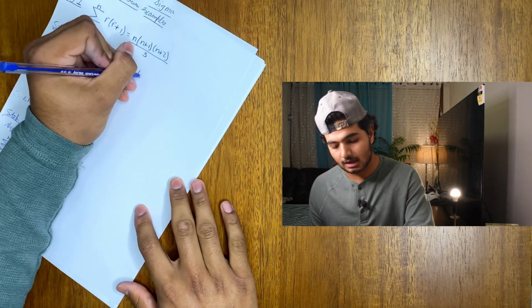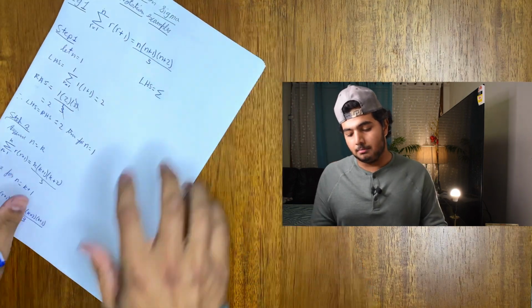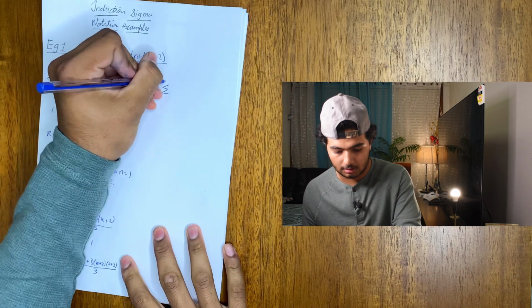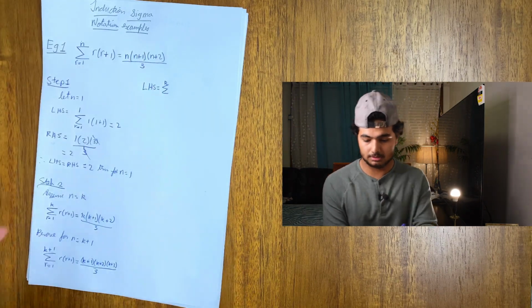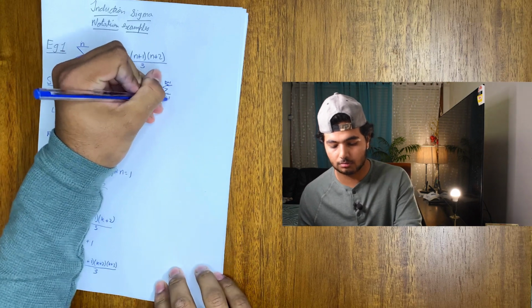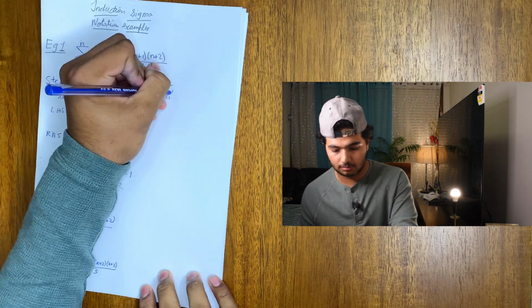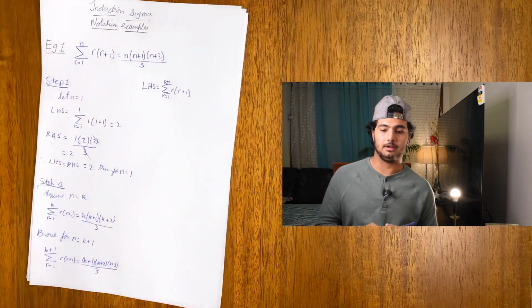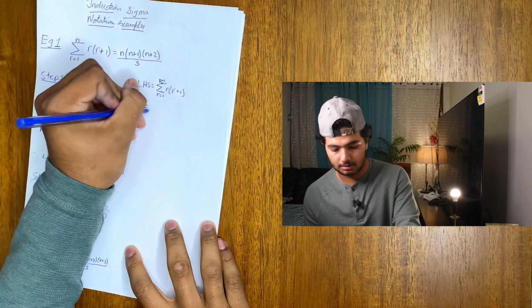Rewrite this as LHS equals to, sorry, my bad, sigma. Rewrite it as sigma k plus 1, r equals to 1. We have r brackets r plus 1 over here. Come down.